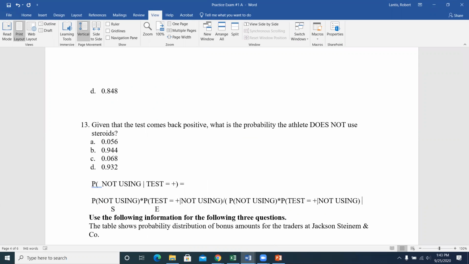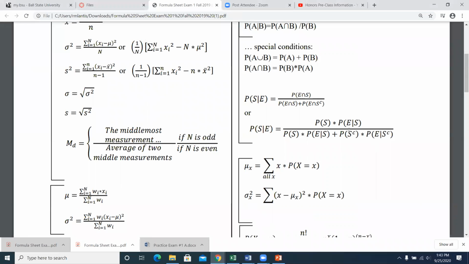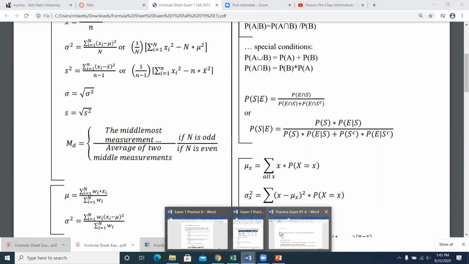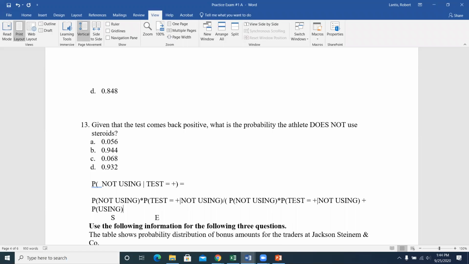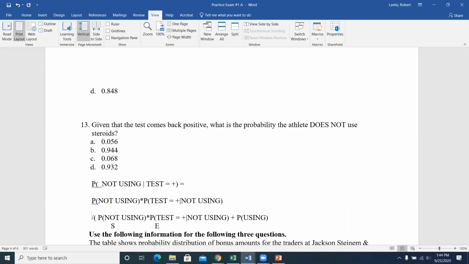I'm then going to add to that, if I go back to my formula sheet, the probability of S complement times the probability of E given S complement. In my example, if S is that I'm not using, S complement would be that I am using.